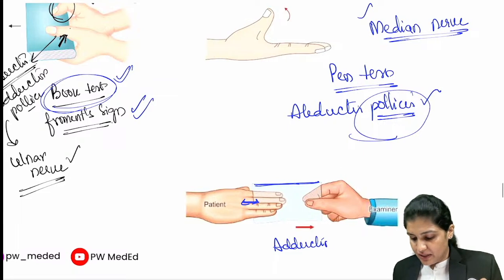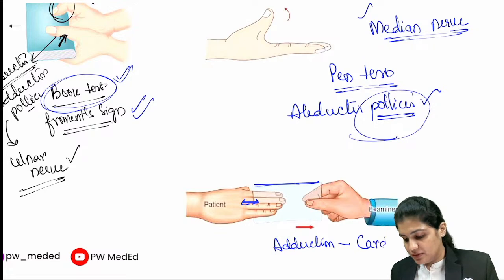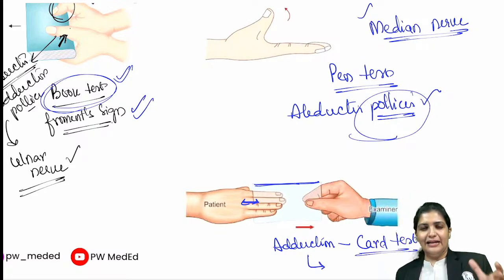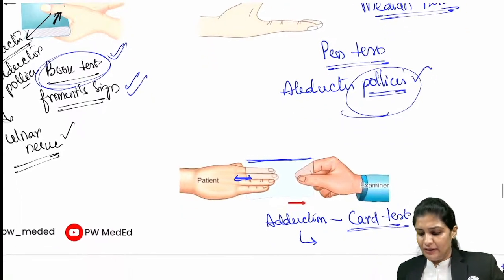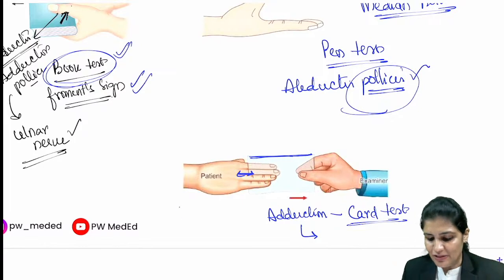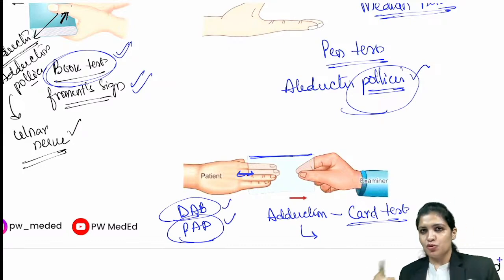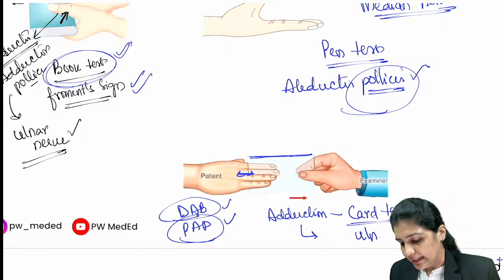If the adduction is perfect and you hold the card, this is called the card test, testing the dorsal interossei and palmar interossei. You remember it as DAB and PAD: dorsal for abduction, palmar for adduction, and both are supplied by your ulnar nerve.